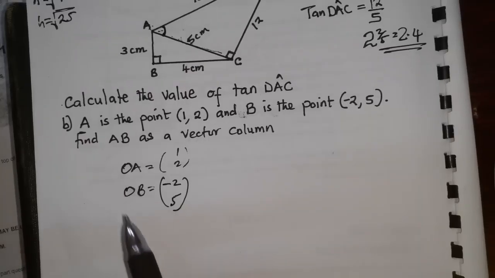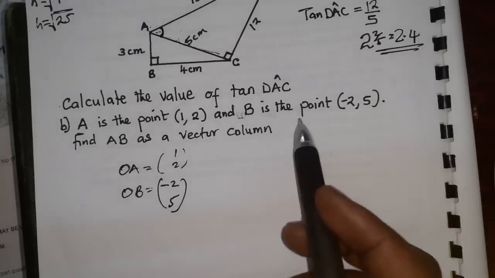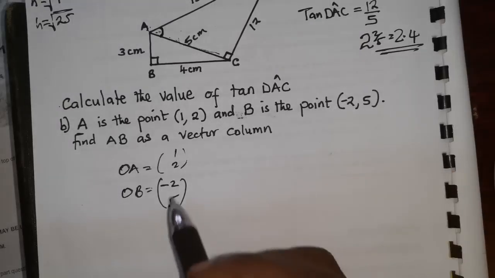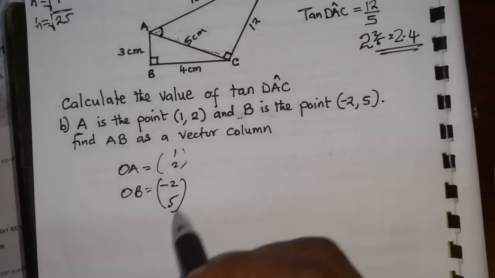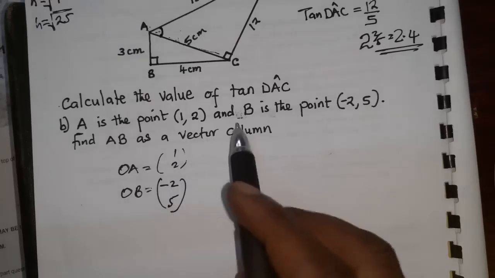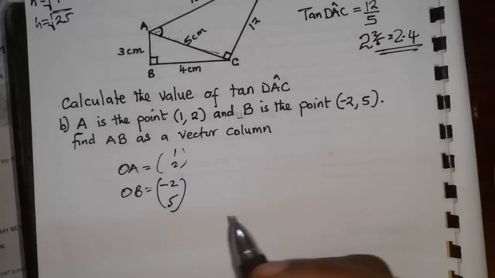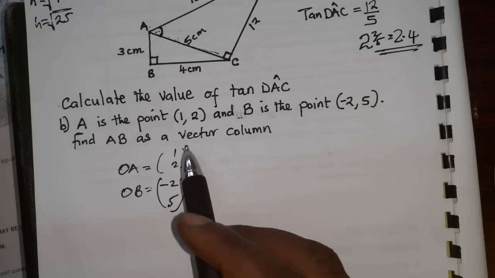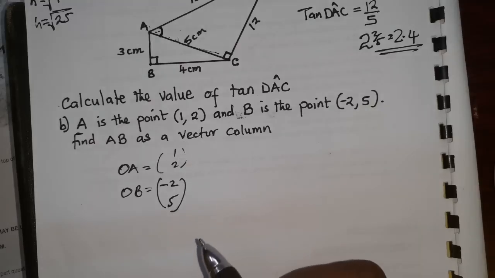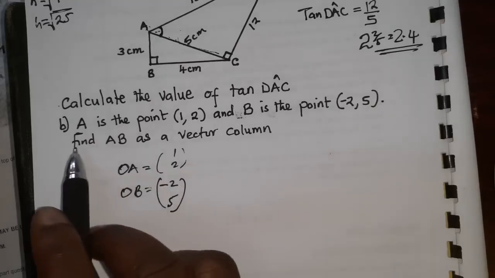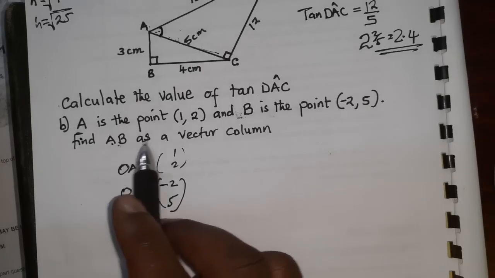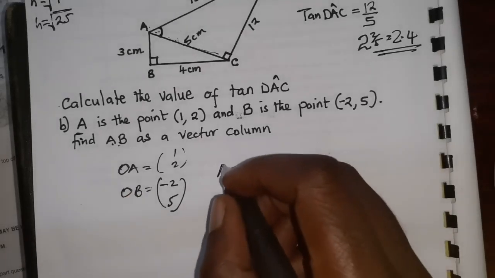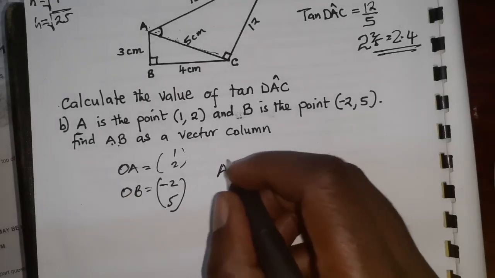I've written them in terms of vectors, because these are position vectors. So now when we say find AB as a vector column, AB is equal to AO plus OB.